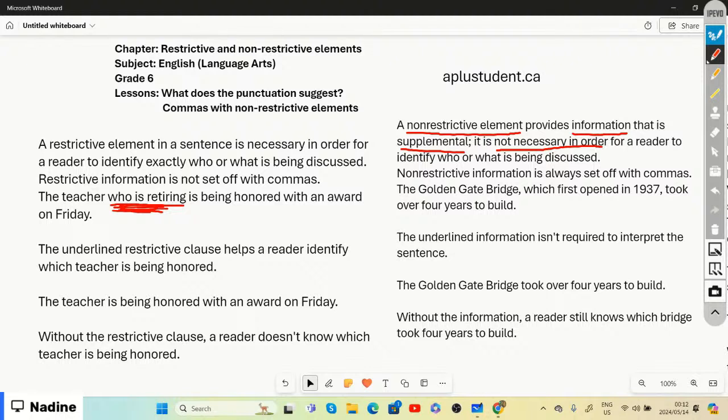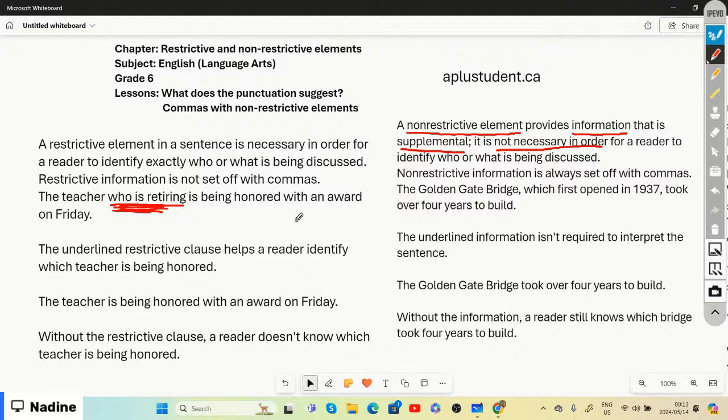Because if you think of the number of teachers at your school, and they just say that on Friday, a teacher is going to be honored with an award, then everybody's going to wonder, is it Mrs. so-and-so? Is it Mr. Who? So everybody's going to wonder which specific teacher is being honored.